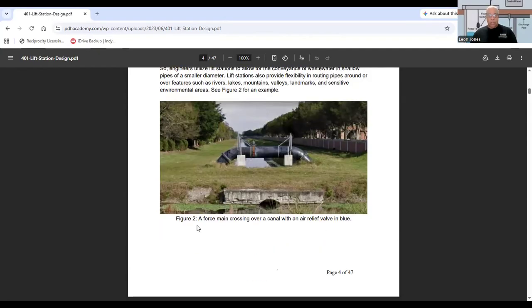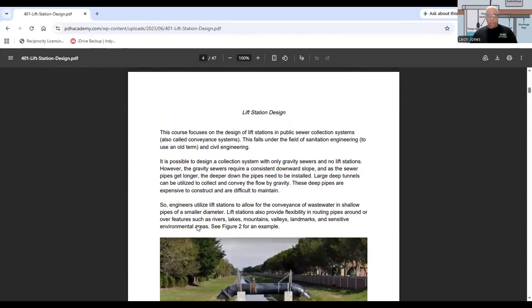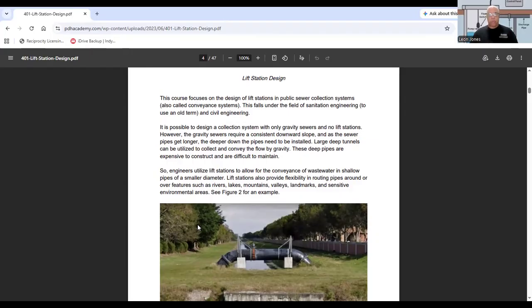Now, again, it is possible to design a collection system with only gravity sewers and no lift stations. However, the gravity sewers require a consistent downward slope. And as the sewer pipes get longer, the deeper down the pipes need to be installed.